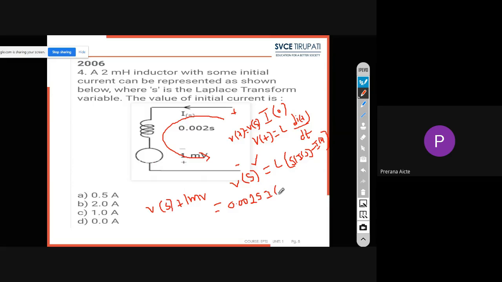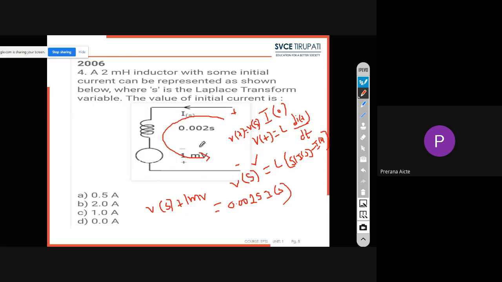Just simply I am applying KVL here. Why am I taking plus here? Whatever the source, this is also a source, both in the same direction. If the current is in the same direction, we add the sources; if opposite, we subtract the sources. Here the current is leaving, and here also the current is leaving. That's why V of s plus 1 millivolt equals 0.002 S into I of s. Is it clear or any doubt?